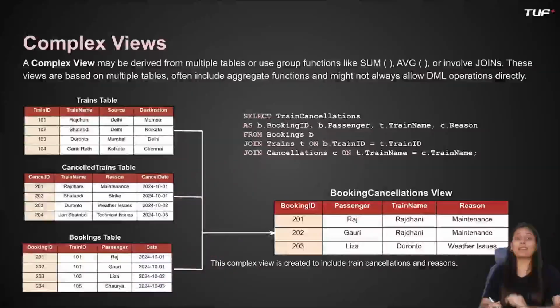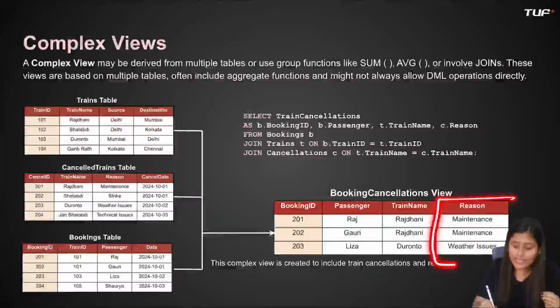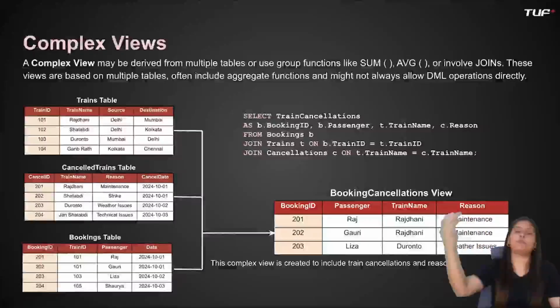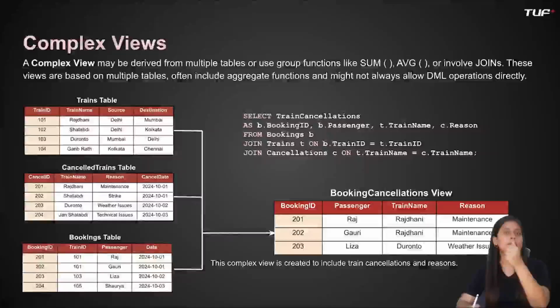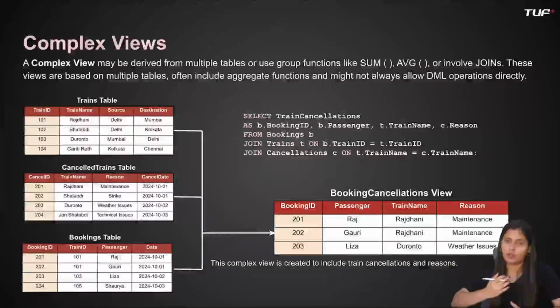A particular column may already be present in multiple tables. So if you modify the view, it might not get updated in every table, and that might cause data inconsistency. That is why in complex views, DML operations are not acceptable at every point of time.